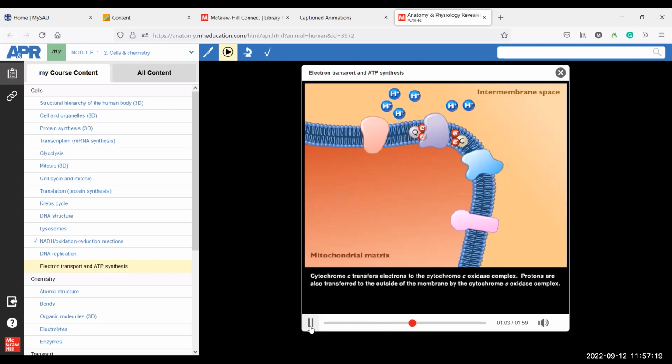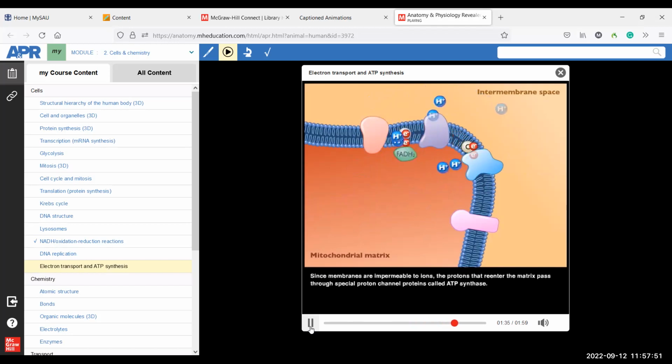Cytochrome C transfers electrons to the cytochrome C oxidase complex. Protons are also transferred to the outside of the membrane by the cytochrome C oxidase complex. The cytochrome oxidase complex then transfers electrons from cytochrome C to oxygen, the terminal electron acceptor, and water is formed as the product. The transfer of protons to the intermembrane space generates a proton motive force across the inner membrane of the mitochondrion.